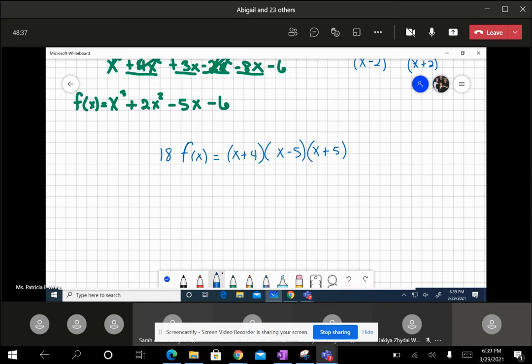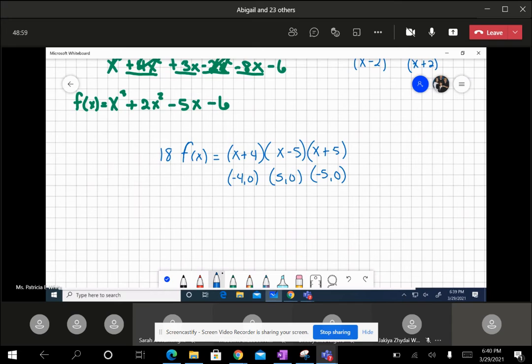They're showing me my x-intercepts, right? X-intercepts and zeros. Two words, same thing. My x-intercepts are -4, 0, 5, 0, and -5, 0, right?